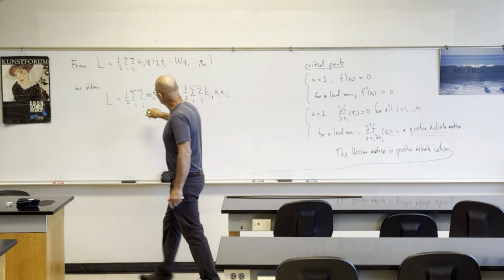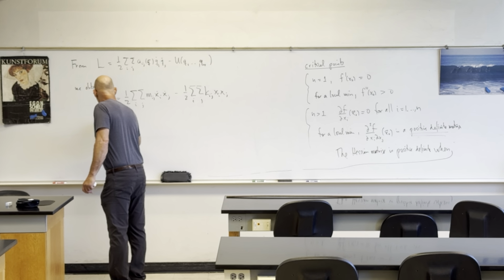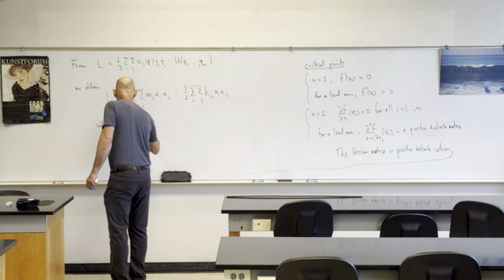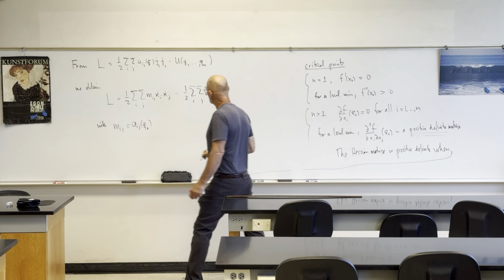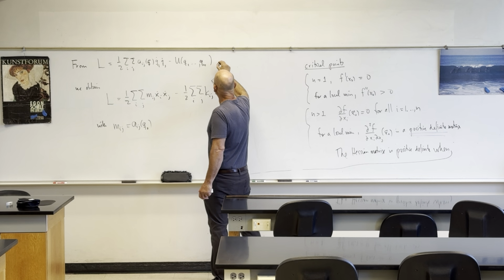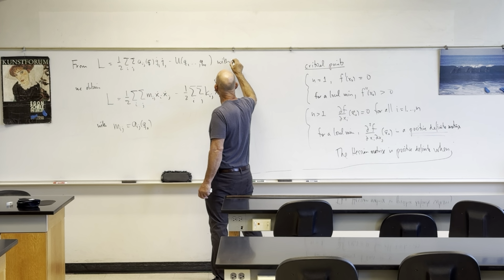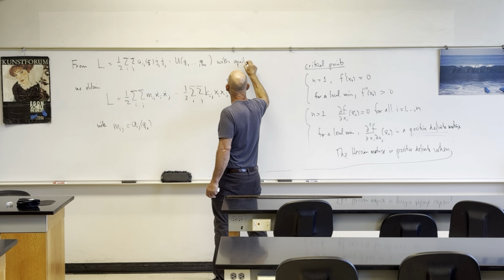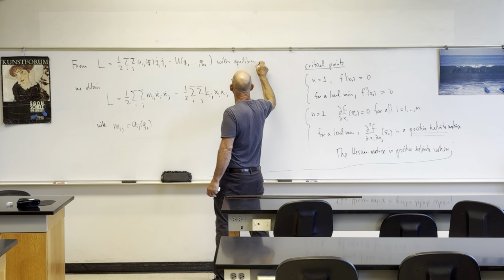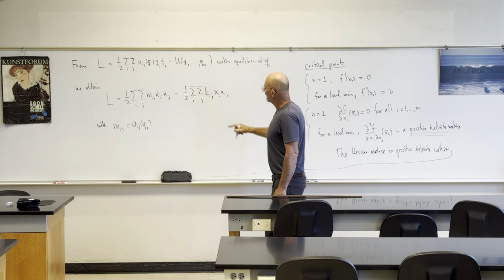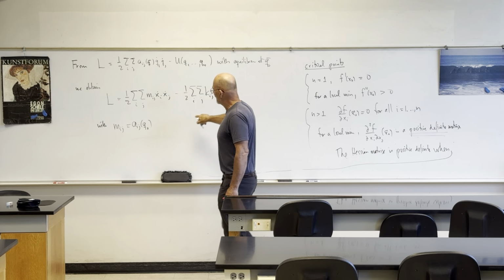So it's all in the definitions here with this M_ij equals A_ij of q naught. So we have an equilibrium point. Actually, let's add this with equilibrium at q naught. There we go.